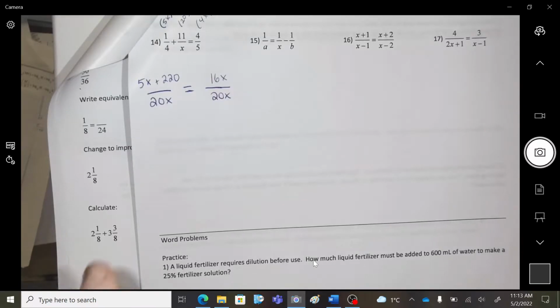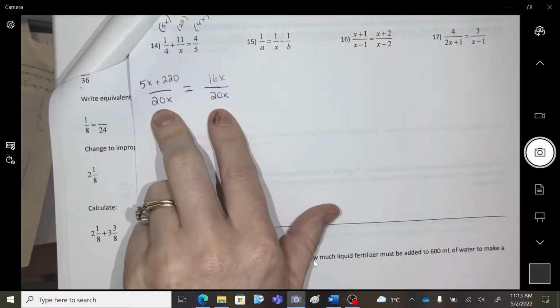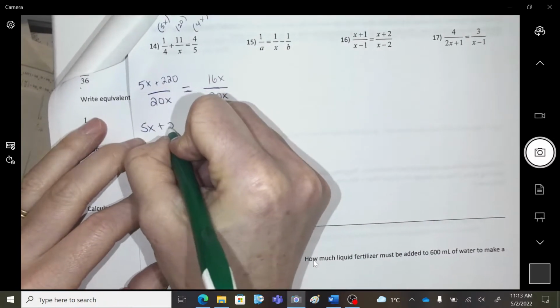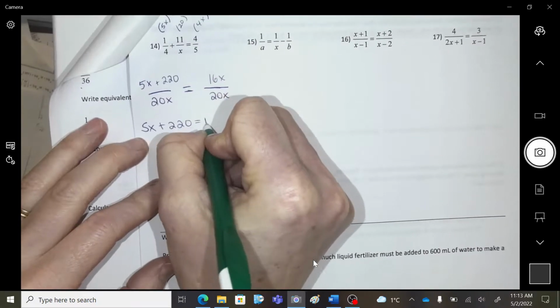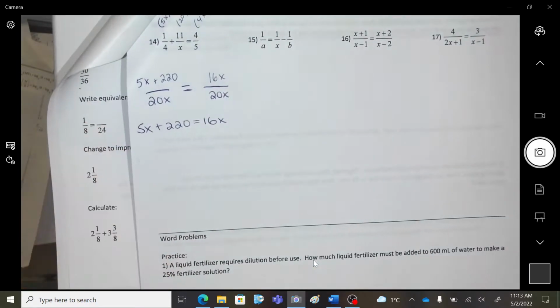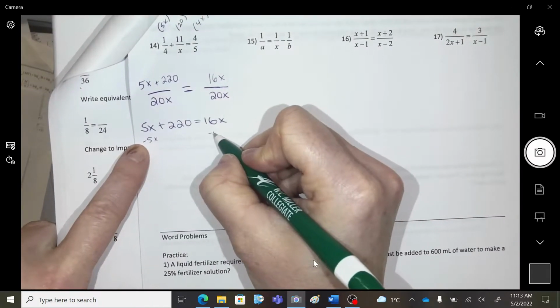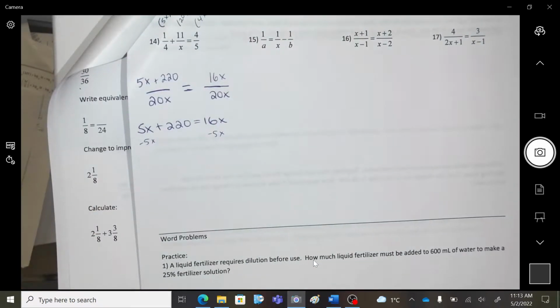Okay, so now we make that conclusion. If the bottoms are the same, we got to make the tops the same then. So if the bottoms are the same, the top has to be the same. Okay, I'm going to subtract 5x. That's my first algebra step because I'm isolating.